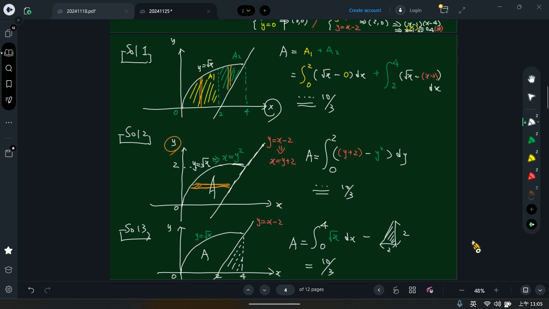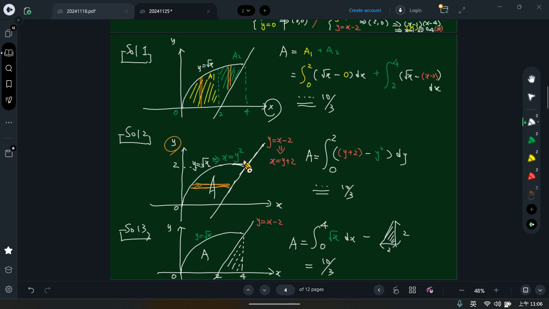So it will be a very intuitive way, because we always think about it with respect to x. But in this case, you need to divide it into two integrals, so that you need to take two integrals. But if you just change your angle from x to y, the overhead is you need to convert it: originally it will be y is equal to blah blah blah x, but then we will change it into x is blah blah blah y.